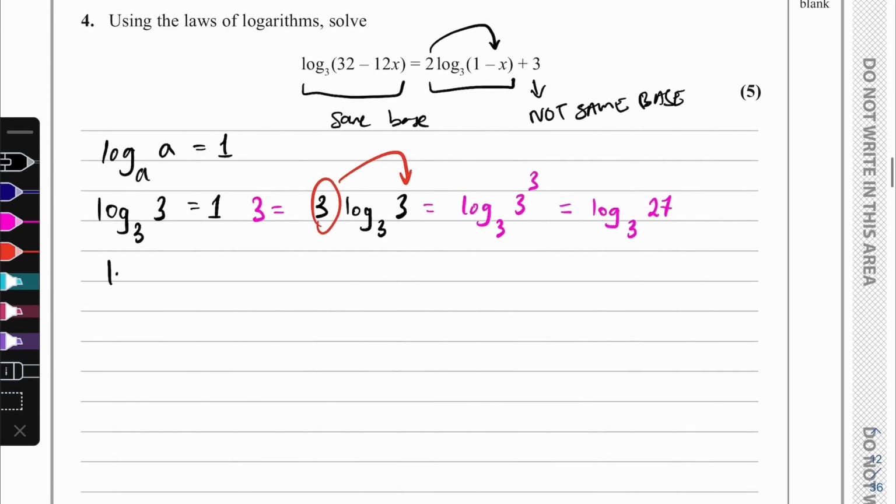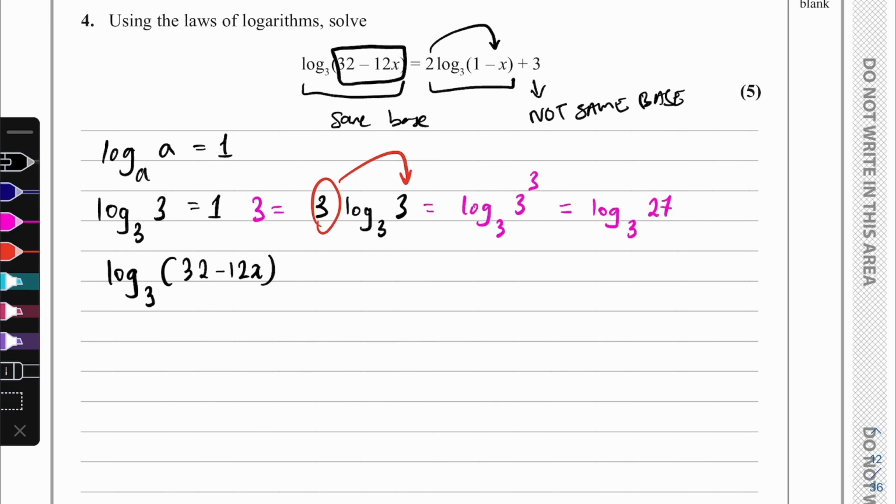It becomes log base 3 of 32 minus 12x. As you can see, this is an expression of the form a minus bc, where we can't simplify this any further because we have additional subtraction within the log base 3 of 32 minus 12x.